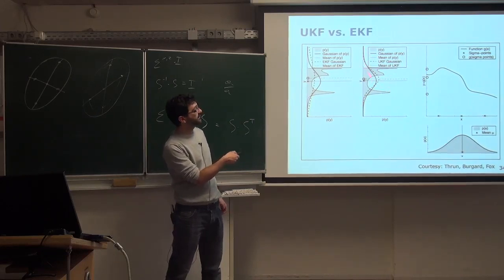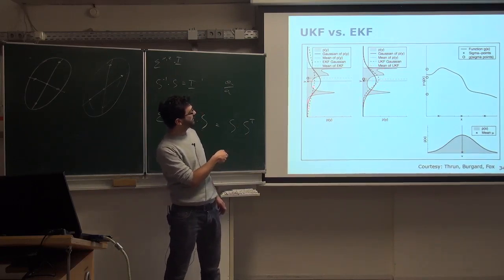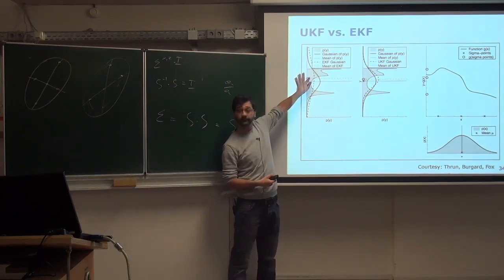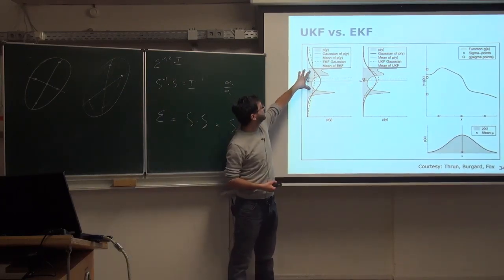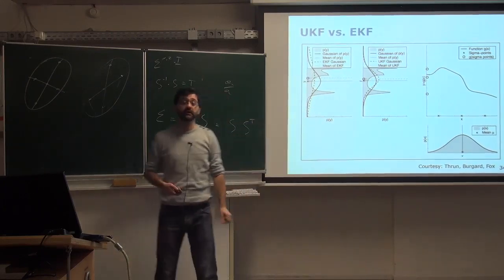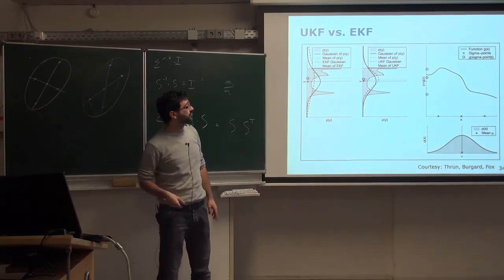The black is the true one, obtained by really considering the moments of this strange distribution. The dashed one is what we get from the UKF, and here instead is what we get from the AKF. You can see that the mean has been moved away from this distribution, and the covariance is actually not reflecting the real covariance. In this case, it's 2D, so the variance of this true one.